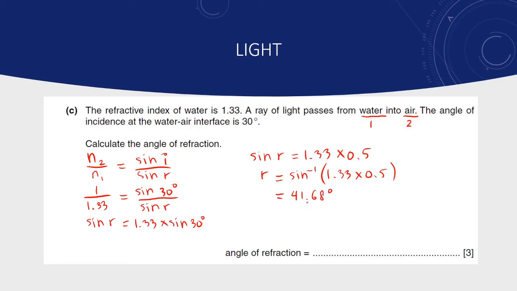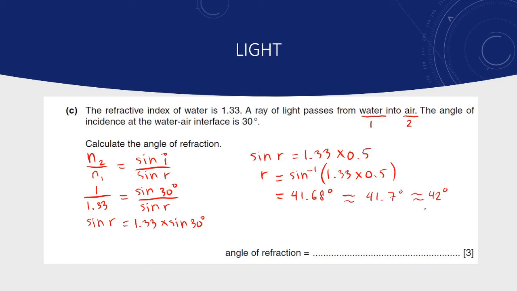Now guys, be careful. You have to consider the number of significant figures. The angle of incidence only consists of 2 significant figures. So the answer should be rounded off to 41.7 or 42 degrees.